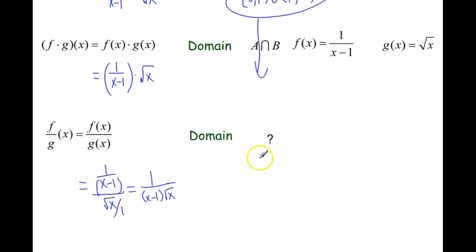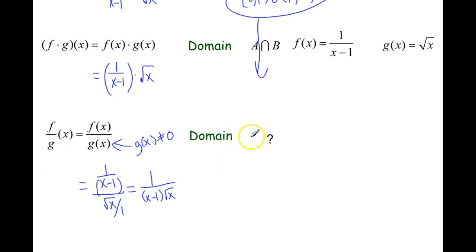Domain's a little bit trickier here. Normally we would have said something like 0 to infinity, but not including 1. But there's an extra thing because of this. It's not just A intersect B, but we would say g of x cannot equal 0. Whatever value would make g of x equal to 0 would not be allowed here because g of x is in the denominator.